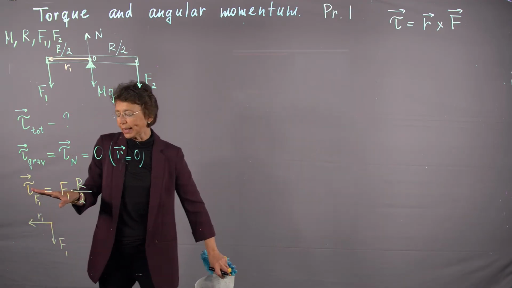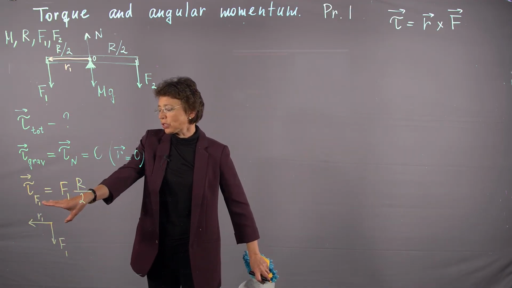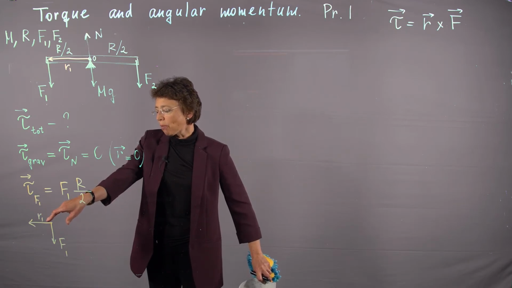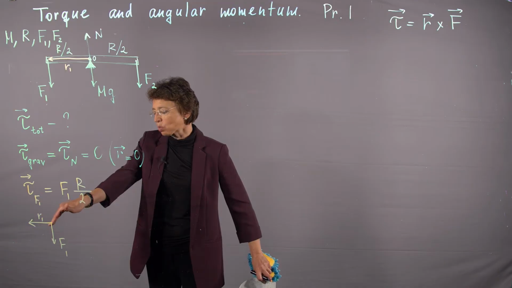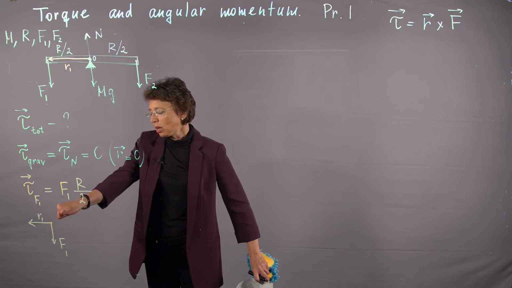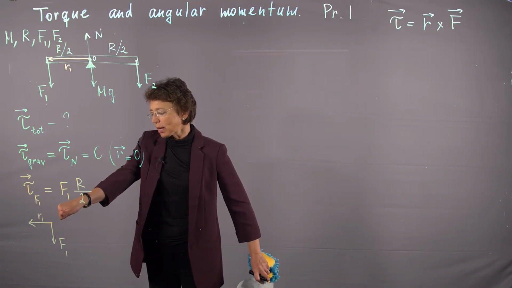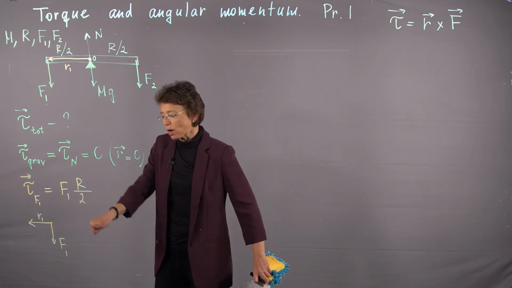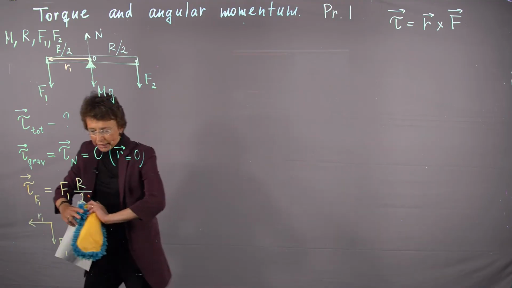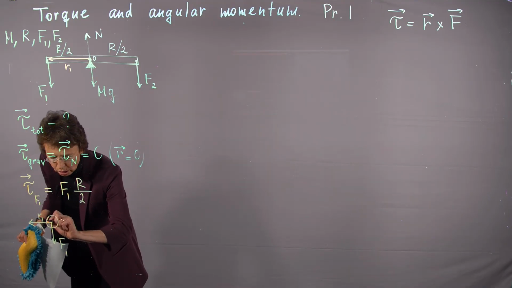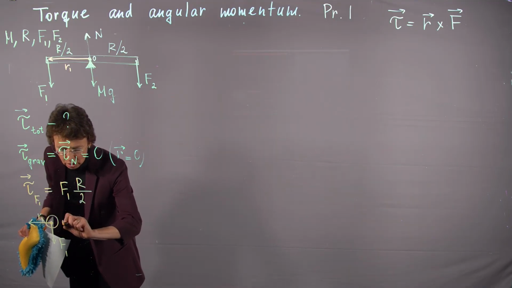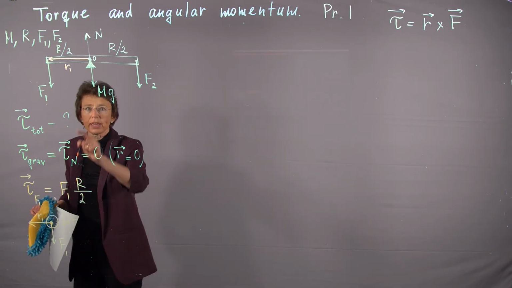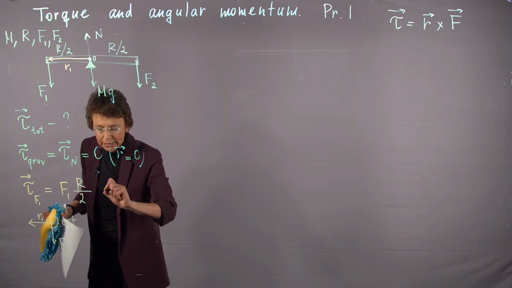You put your fingers along R1 and bend them towards F1, from R1 to F1. Where does my thumb go? It is coming out of the page. So the direction of the torque created by F1 about this point is out.